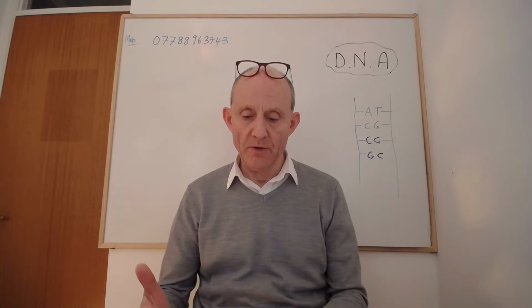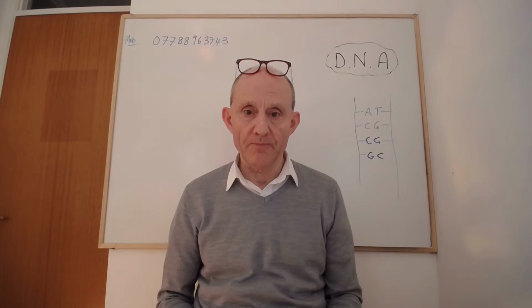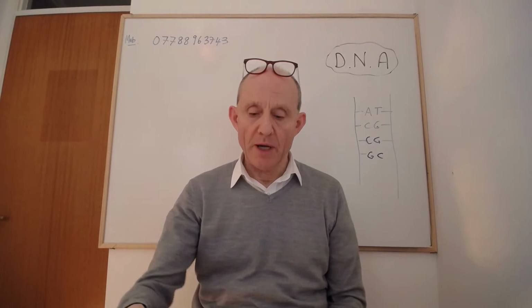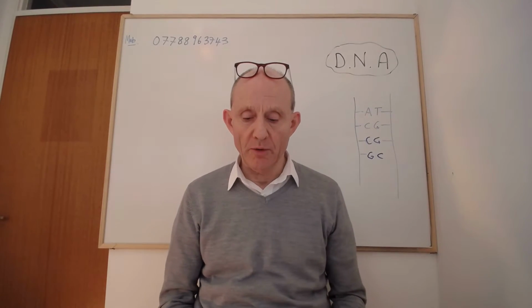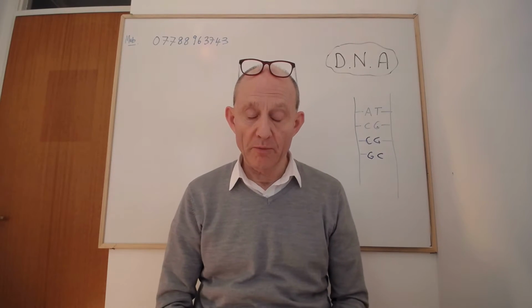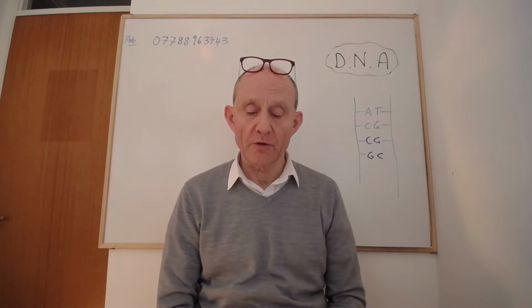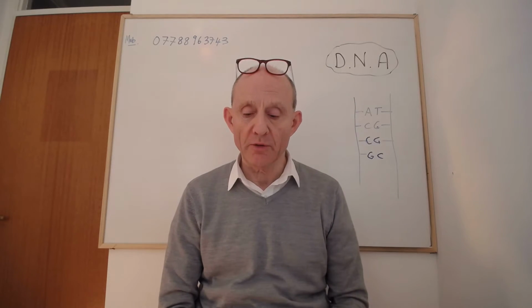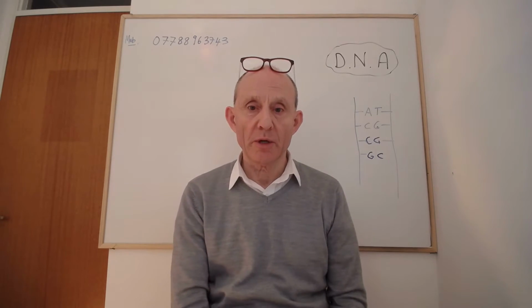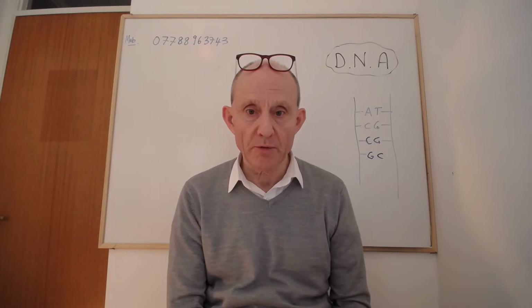So if you're looking then at my notes, I'm keeping my eye on the notes so I don't miss anything here as we go along. You'll see that I said DNA, about a third of the way down the page, I've said bullet point 3, I've said DNA acts as a code as it contains information needed by cells to make the cell's proteins. And I've also said and enzymes. And of course enzymes are proteins.